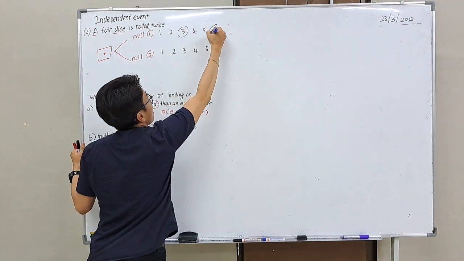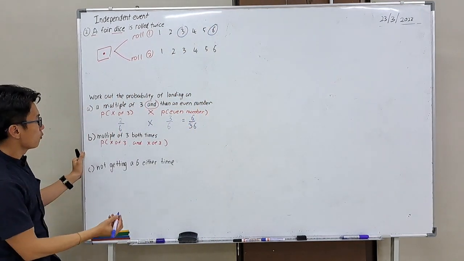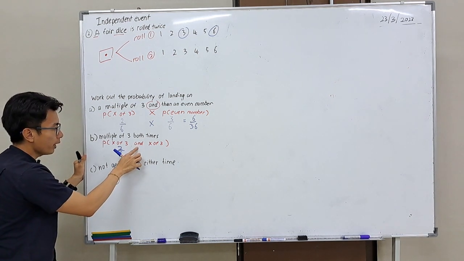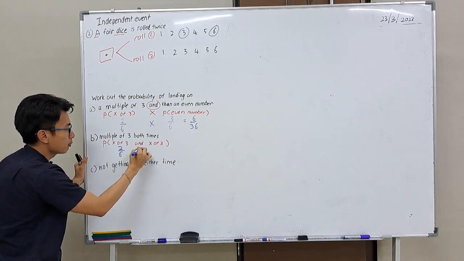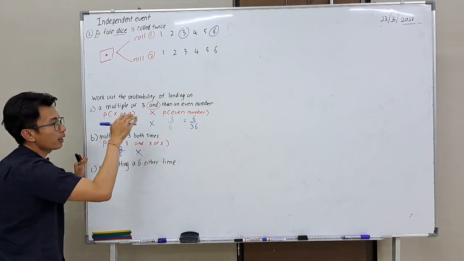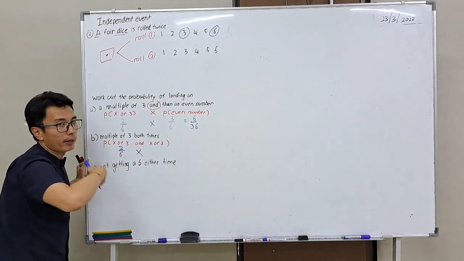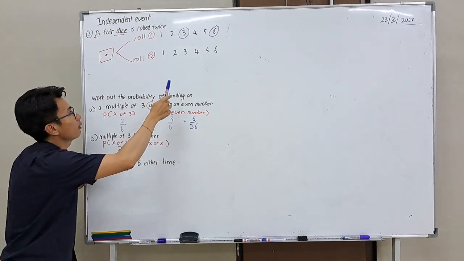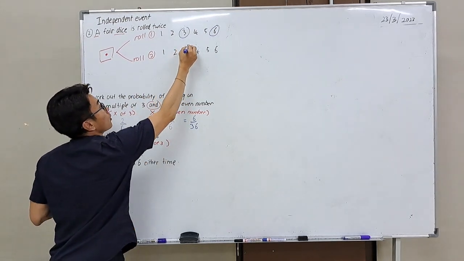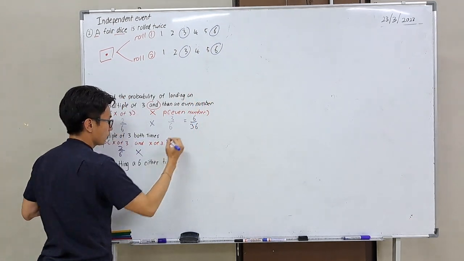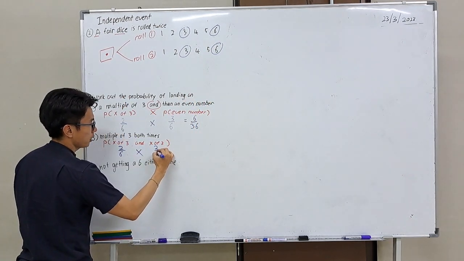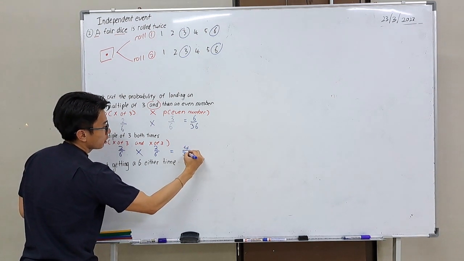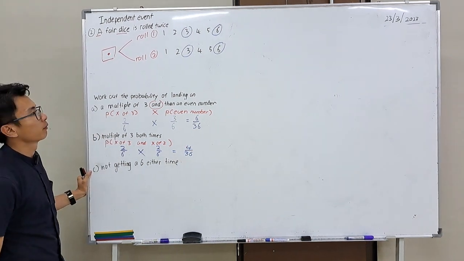Again, it's going to be 3 and 6, so that's 2 over 6. The word and in probability means multiplication. Then I will take back my dice and do my second roll. What's the probability that I will get a multiple of 3 again? It will be 3 and 6, so that's 2 over 6. So my probability will be 4 over 36. Done.